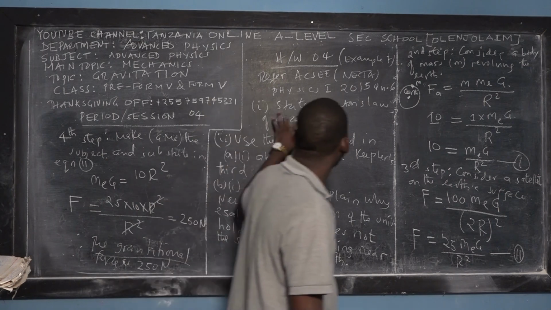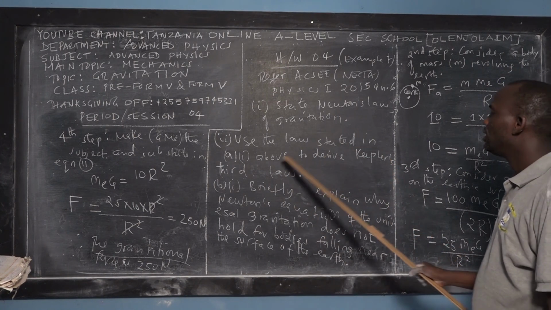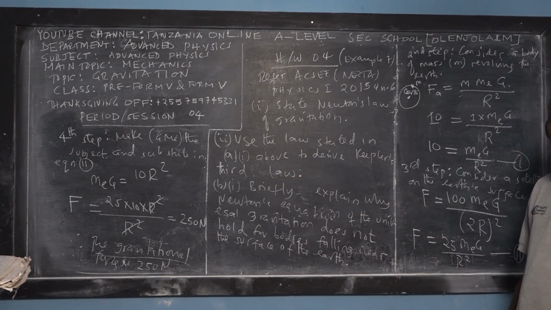So the homework states Newton's law of gravitation. There are some marks, mostly it might be 1 or 1.5. Then use the law stated in A above to derive Kepler's third law. See the tricks that the examiners use to ask questions.